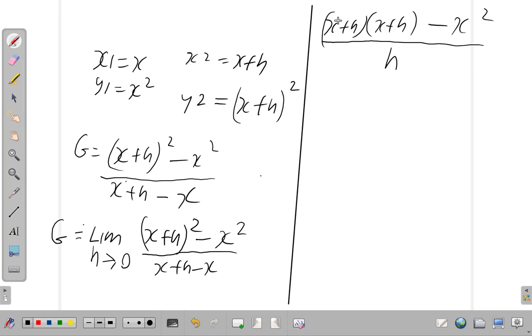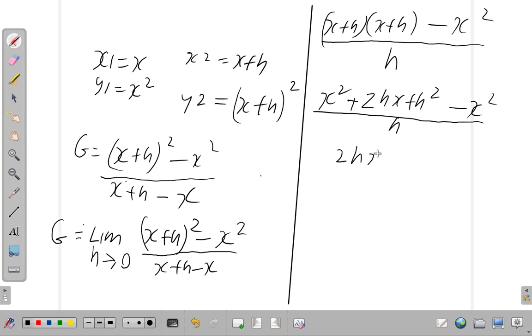Now, if we multiply out the brackets, we would have x squared plus hx plus hx plus h squared. But hx plus hx is 2hx. It is plus 2hx plus h squared minus x squared all over h. But guess what? x squared subtract x squared up here. So it simplifies to 2hx plus h squared divided by h.